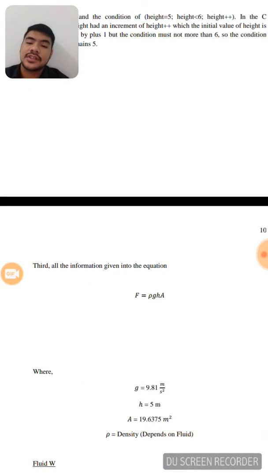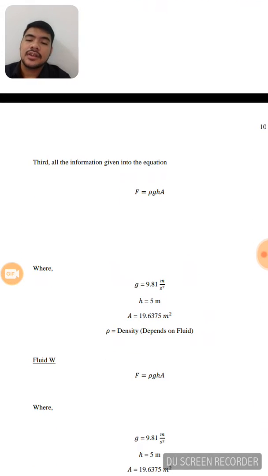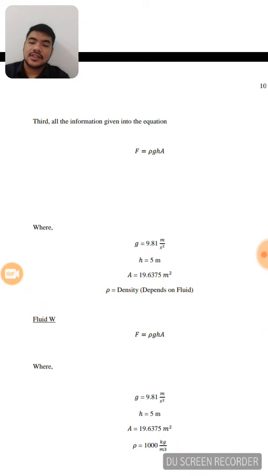Third, we put all the given information into the equation. Gravity is fixed at 9.81, height is also fixed at 5 meters, because although there is an increment, the condition doesn't permit it to proceed when the value is more than 6. The area is also fixed at 19.6375, but the density depends on the fluid.